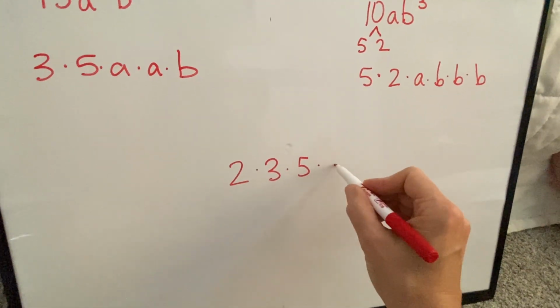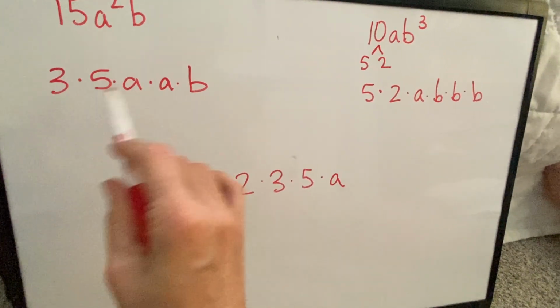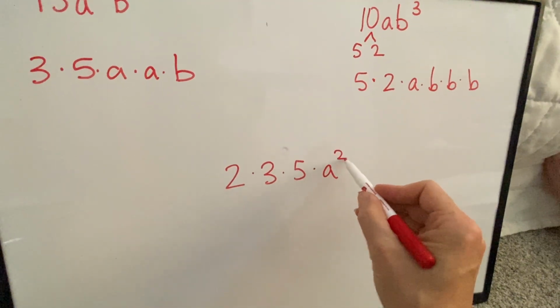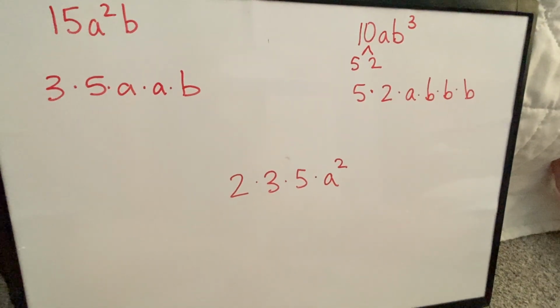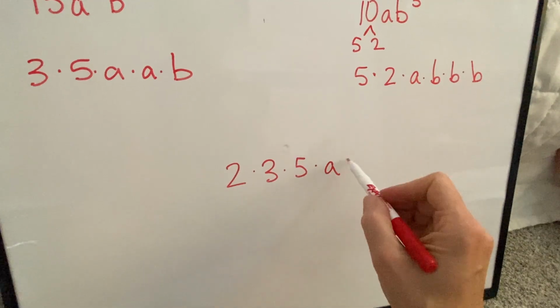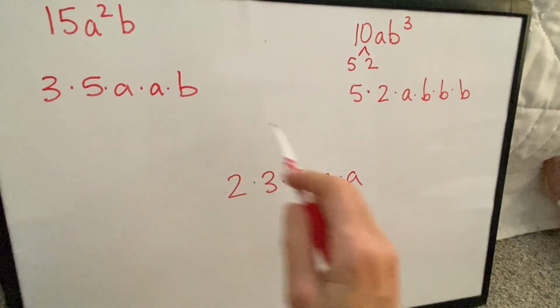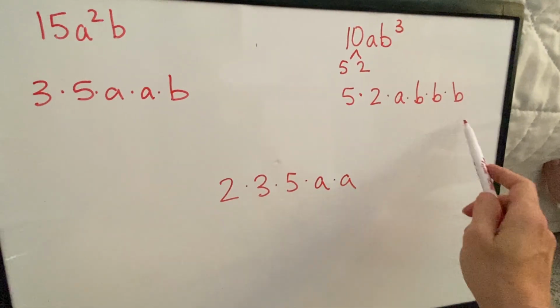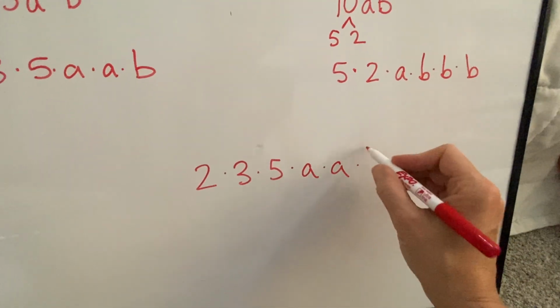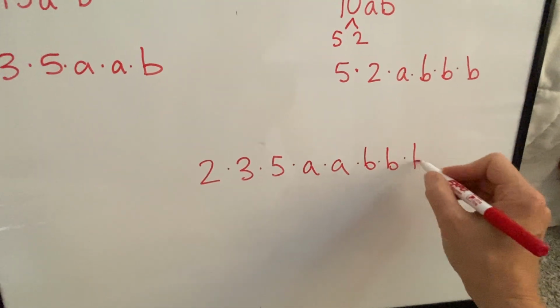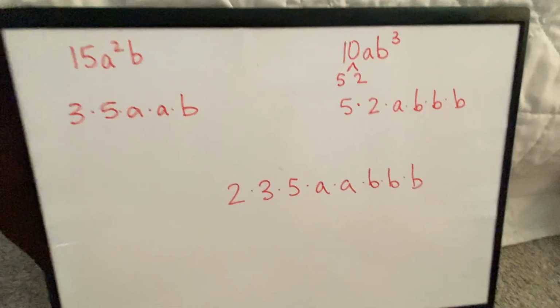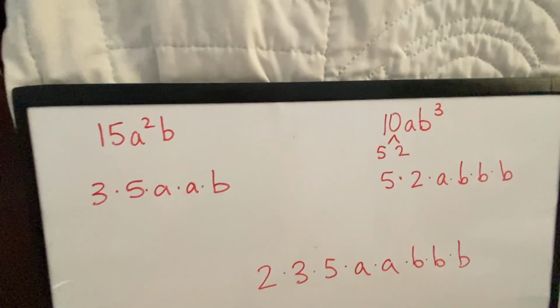Now remember what I said, you're trying to find the exponent that's the biggest. So we've got 2 A's in this one, so we're going to have 2 A's in here. I guess I can write it like this, okay? And then we've got 1 B here and 3 here, so we're going to need all 3 B's because that's the biggest exponent.